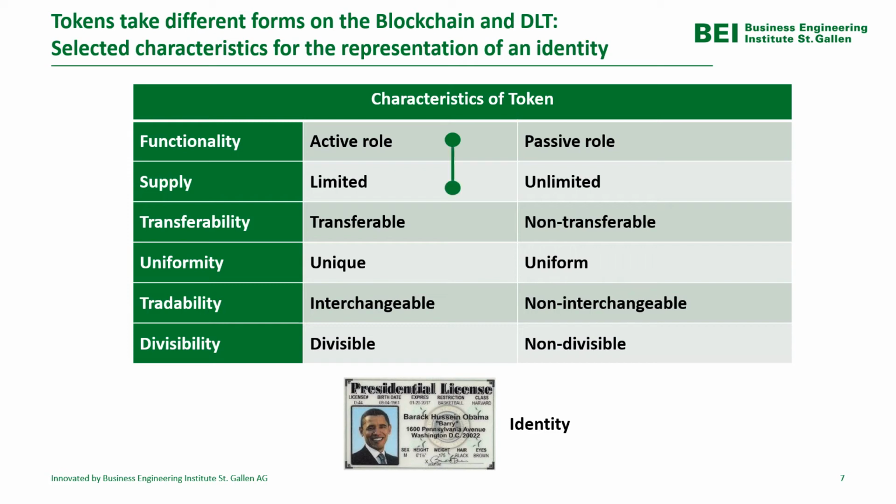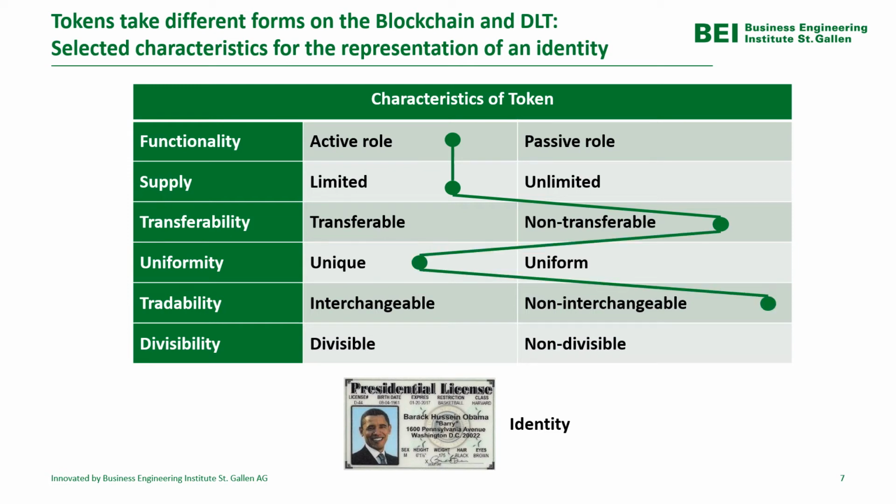The supply of identity tokens would be limited to the amount of persons who are using it. The token would not be transferable, and it should be unique. It is not tradable on any marketplaces, and of course an identity would not be divisible.